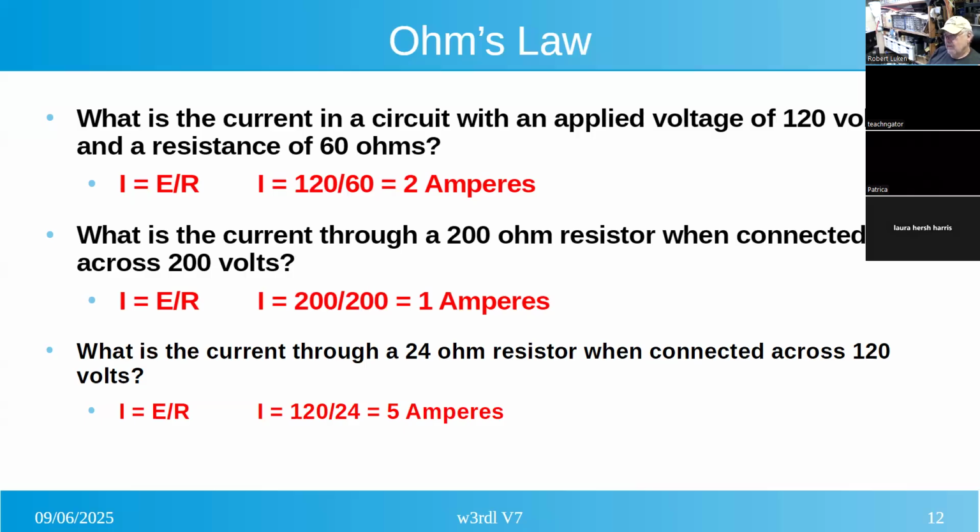You just have to remember you divide the voltage by the resistance to get the current. The higher the resistance, the lower the current is going to be. And conversely, the higher the voltage, the higher the current's going to be for a given resistance.